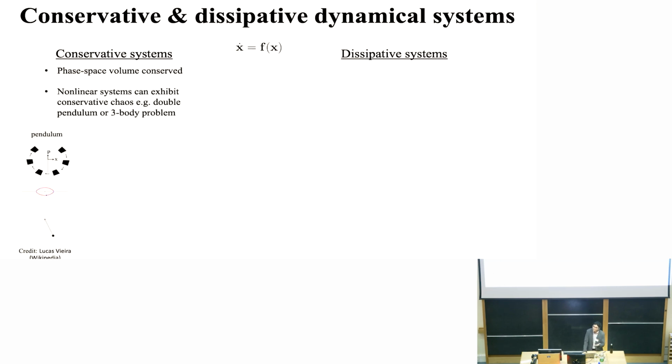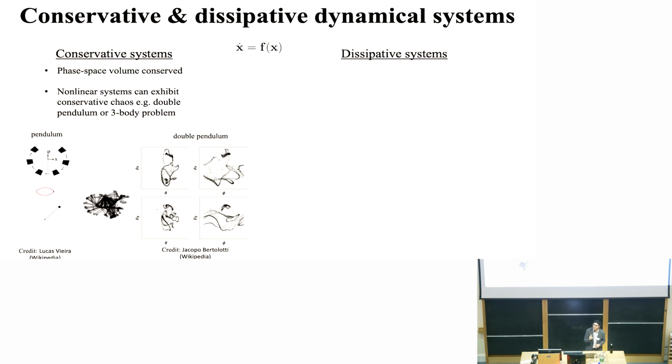Now, if the system turns out to be nonlinear, then you can get more complex and interesting things going on. Again, a classic example is your double pendulum. With a double pendulum, you have a 4-dimensional phase space, with 2 coordinates and 2 momenta. What you're seeing here are 4 different projections of this phase space in 2D.